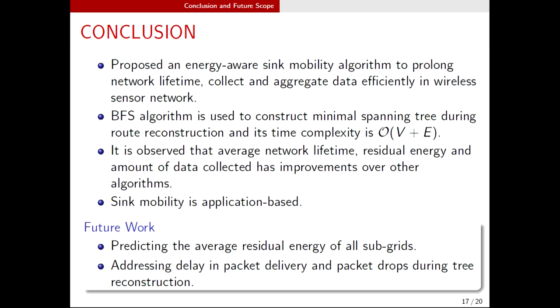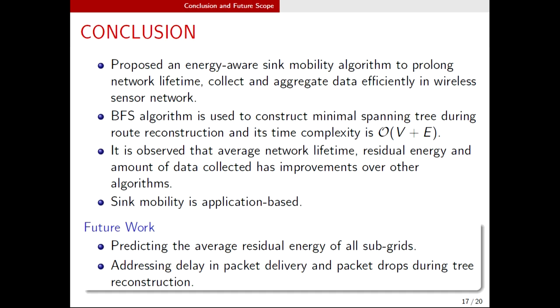Based on this, if you could predict the subgrid n steps ahead, the sink will make a proper decision using the residual energy of the node. If you do this, you can balance the amount of energy distributed over the network, and ultimately the network lifetime will definitely increase. So this is the overall objective of this work.